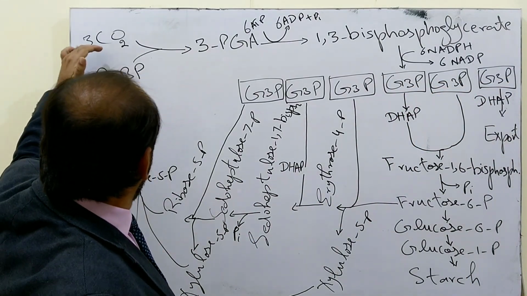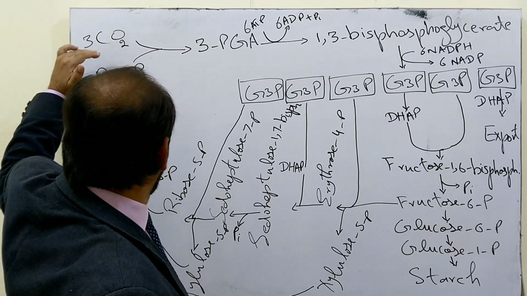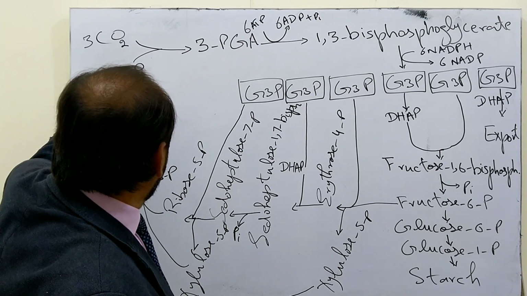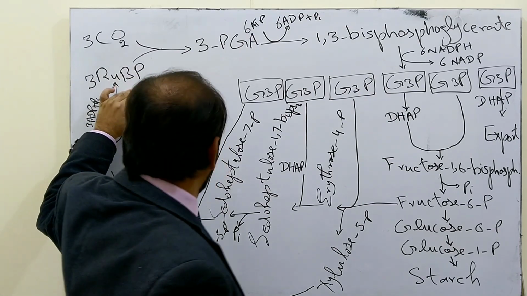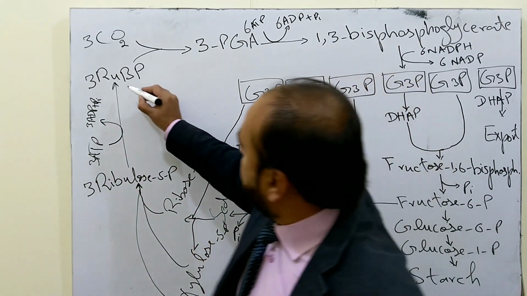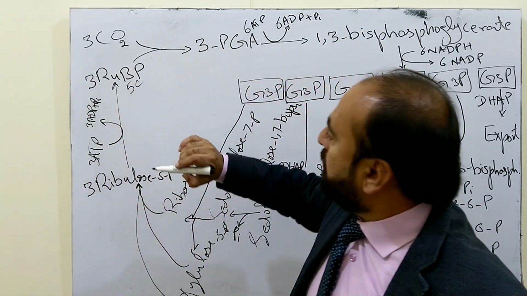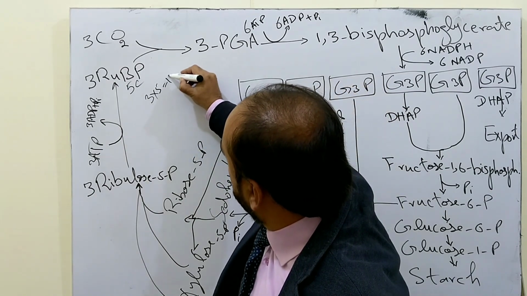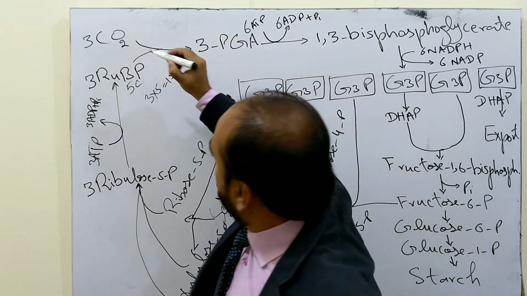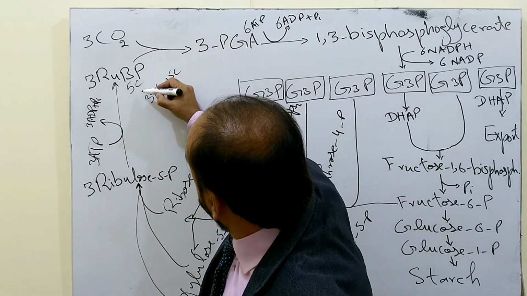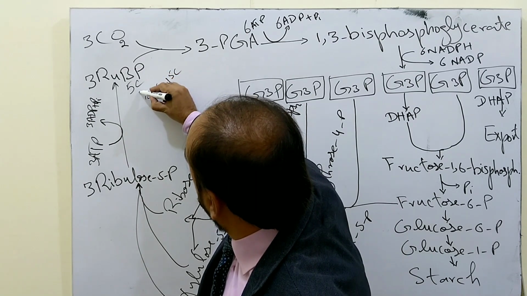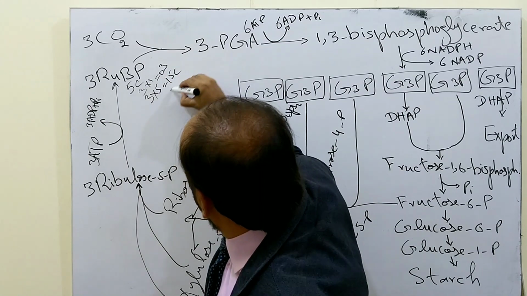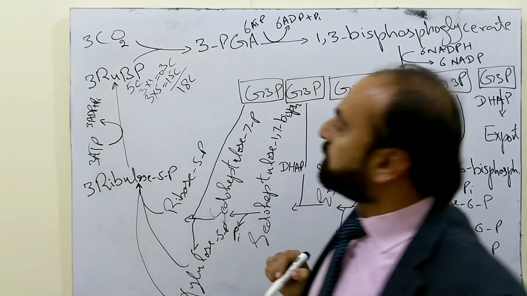Here we have 3 carbons of carbon dioxide and 3 RuBP, because RuBP is a 5 carbon sugar, and 3 into 5 is equal to 15 carbon, plus 3 carbons of carbon dioxide. This makes a total of 18 carbons.